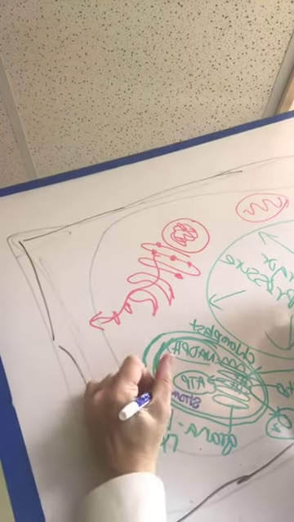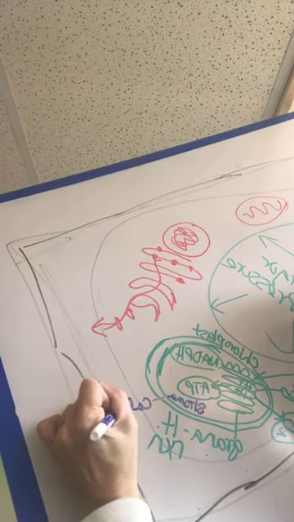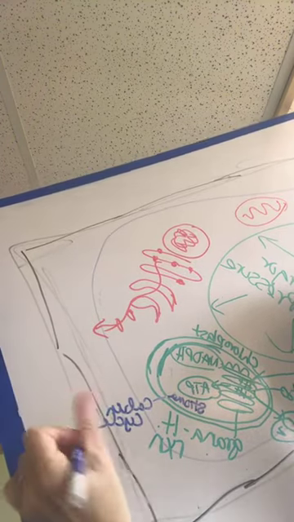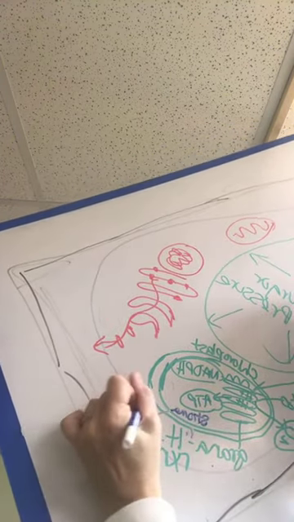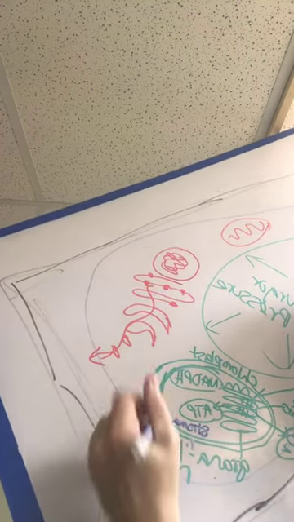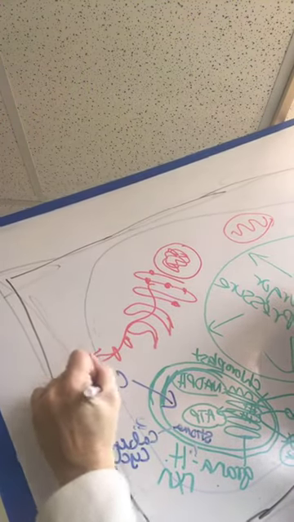But then I also have the stroma, which is the liquid part of the chloroplast. And in the stroma is where the Calvin cycle happens. So photosynthesis, 2 steps. Light reaction is step 1. Calvin cycle is step 2. So in the stroma is where carbon dioxide comes in and it gets fixed.